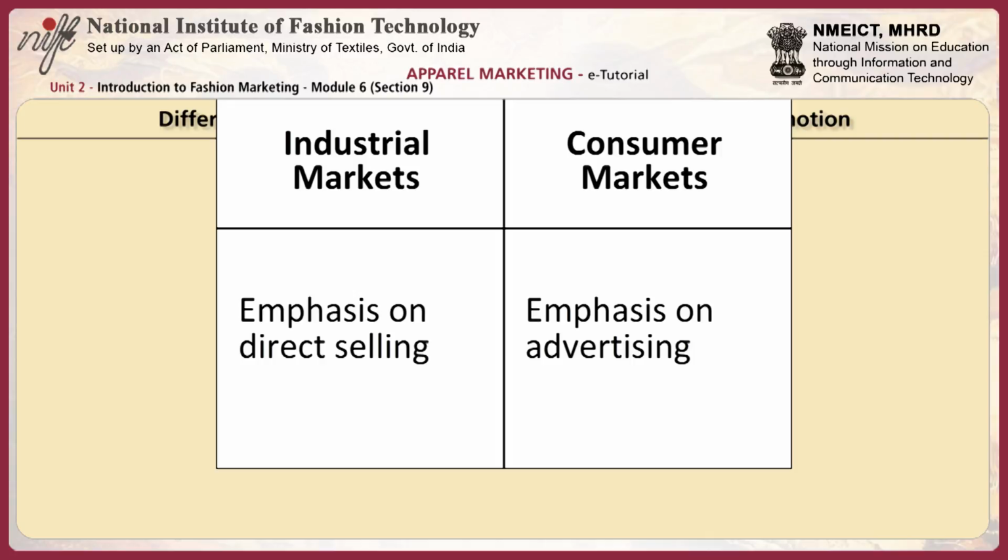Whereas in consumer markets, emphasis is on advertising. Just by looking at the ad, a consumer would buy. Like Lux soap, a consumer might see it and might purchase the product if it is appealing, or if a film star whom he likes is featured in that advertisement.